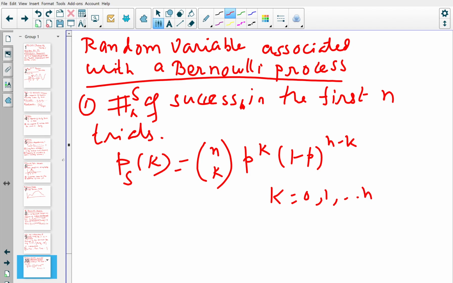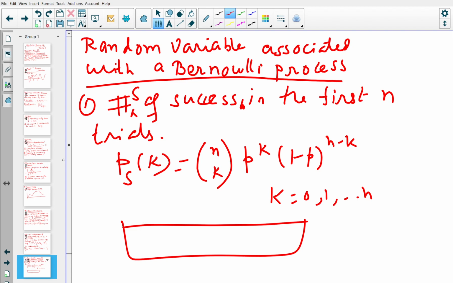You can have n successes, like you'll have n places 1, 2, 3, 4, 5, 6, 7 in the n places, and you may have success, success, failure, success, failure, failure, success, something like that. Okay, so you are asking how many successes there are. Clearly this is nothing but a binomial random variable.